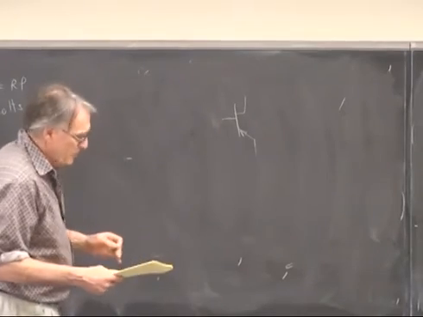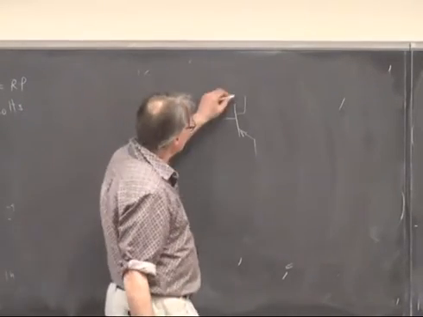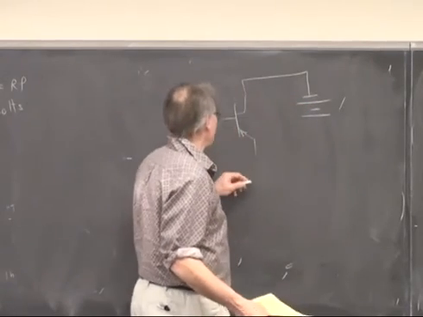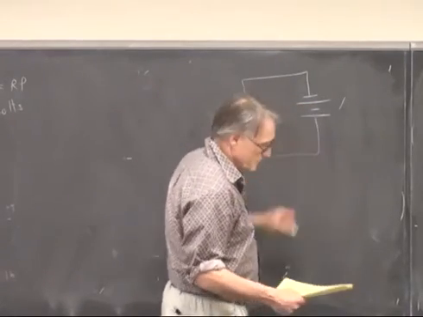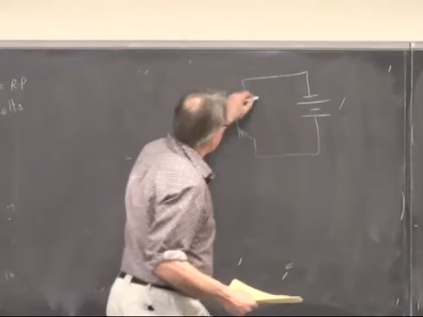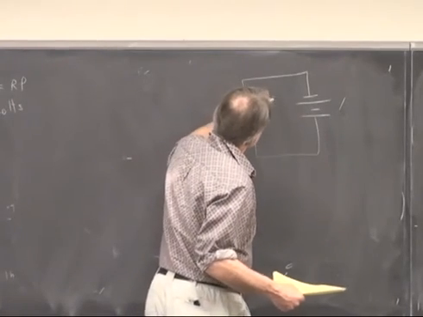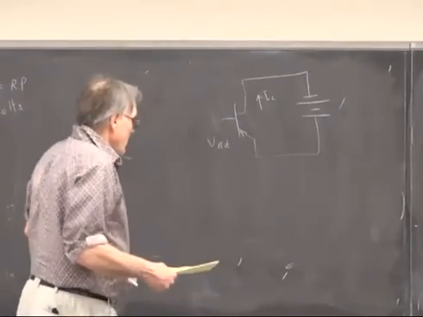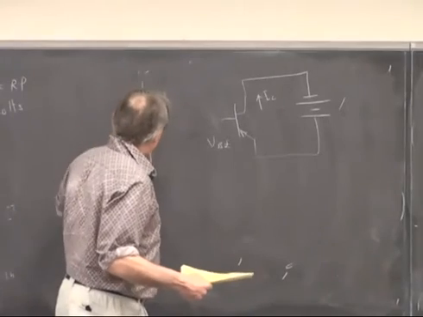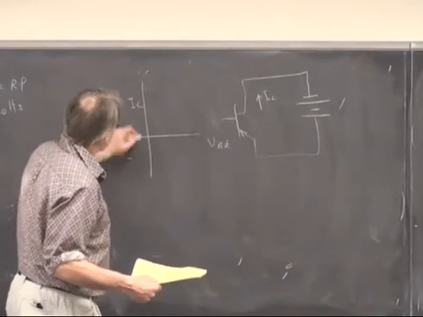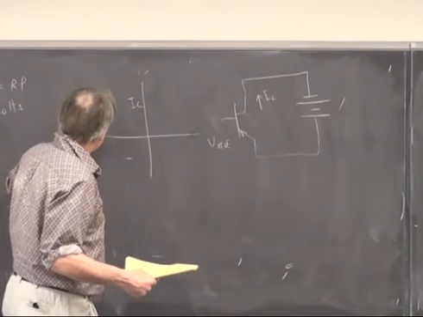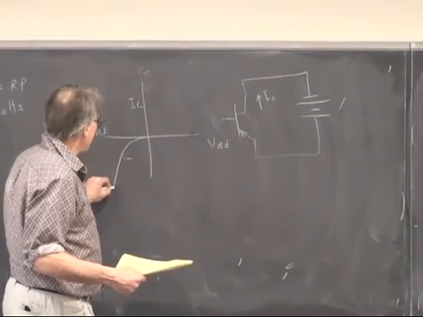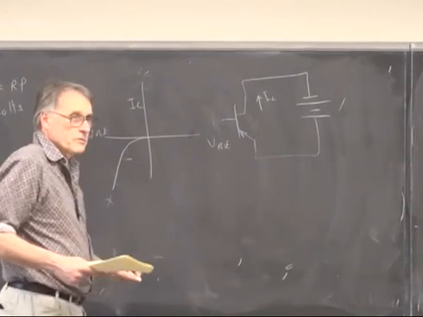If we were to hook up a PNP transistor, negative voltage to the collector, and measure IC as a function of VBE, we would find that as VBE became more negative, we would get a higher current until the system explodes.